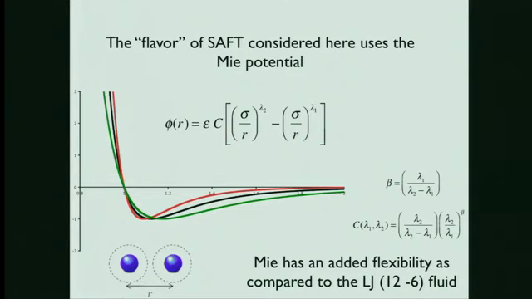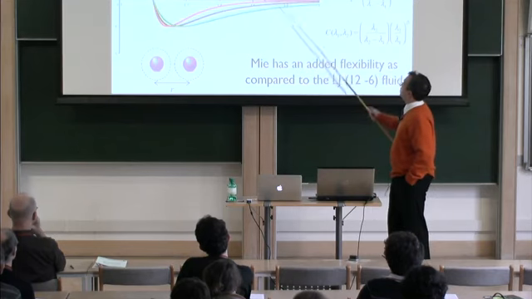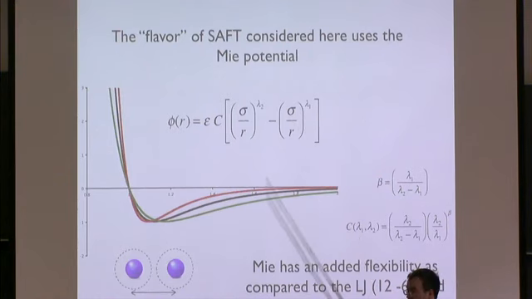The one we used here is one in which we look at the Mie potential. The Mie potential is an expanded version of the Lennard-Jones potential, where the exponents are free to wander to different values. And this gives us a very interesting and powerful tool to fit this Lennard-Jonesian chain term to real substances with a high degree of accuracy.